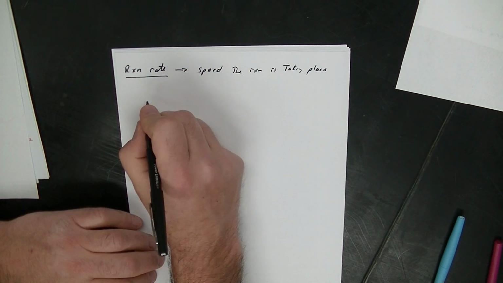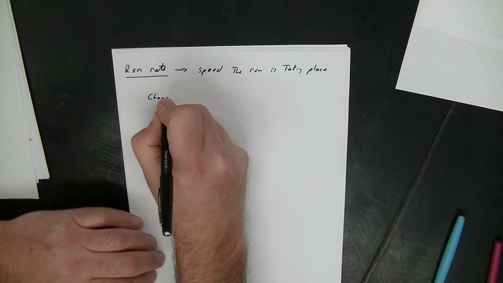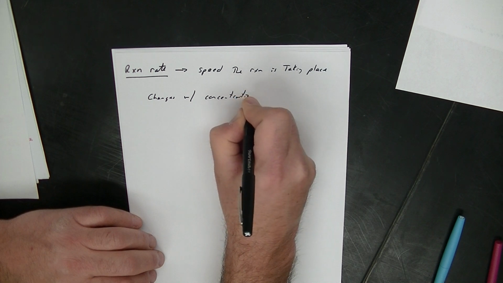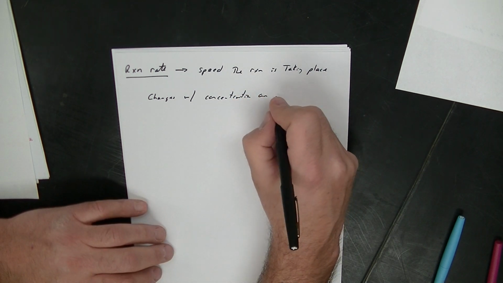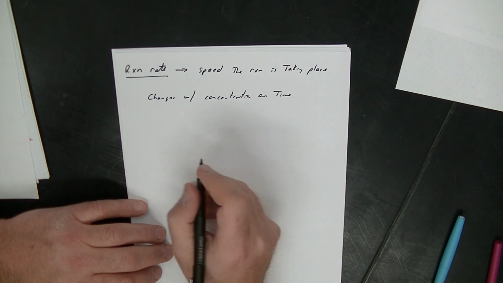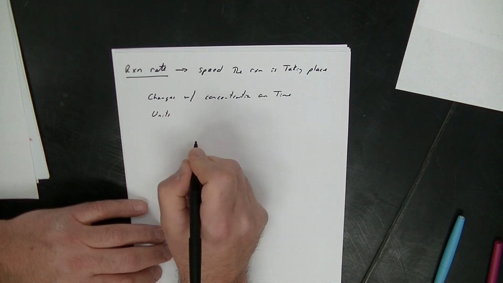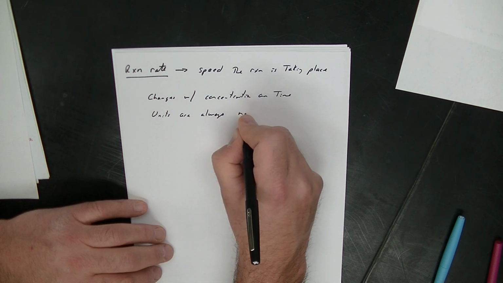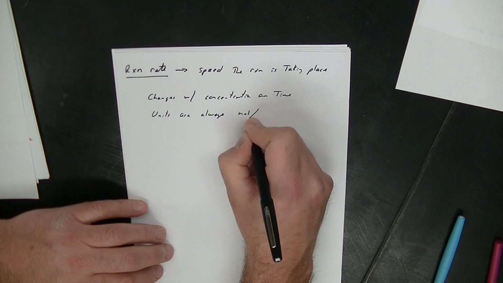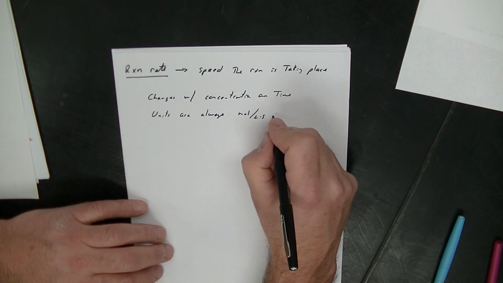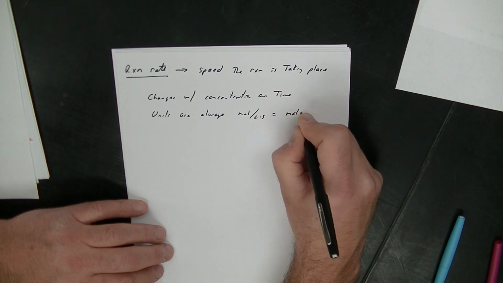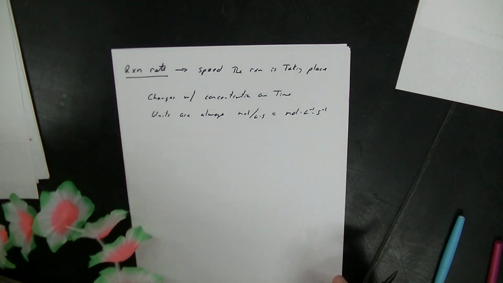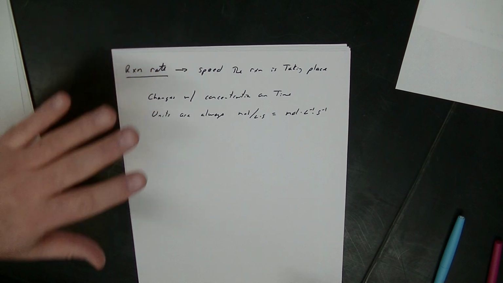This varies or changes with concentration and time. Our units for reaction rate are always moles per liter second, or you could write it moles liter to the -1 second to the -1. Same thing. So this is our reaction rate.